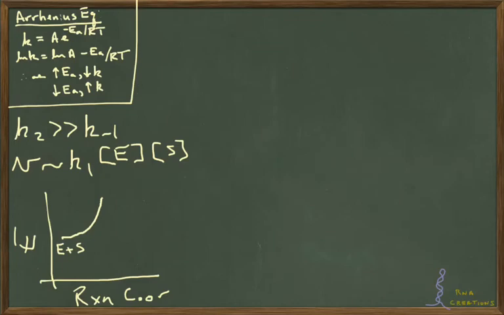Okay, so we're going over the barrier. That first barrier is the barrier for k1, and that has a transition state. Every step in a reaction has a transition state, so they all have a peak, a maximum that they have to go over.